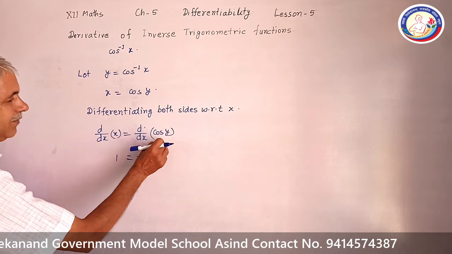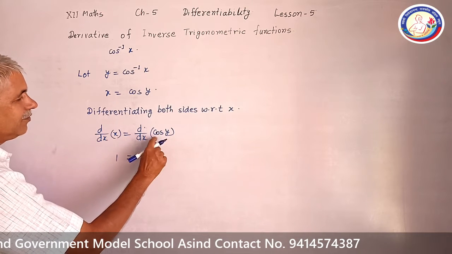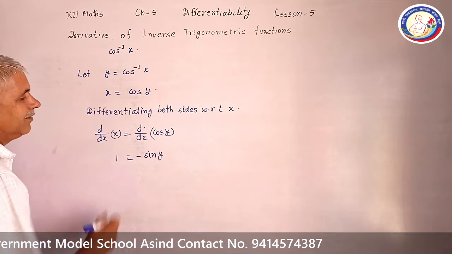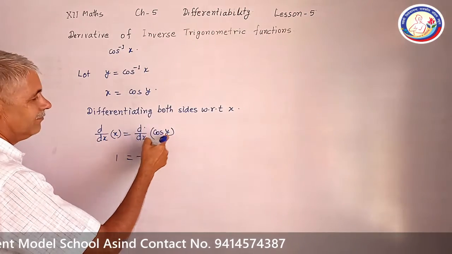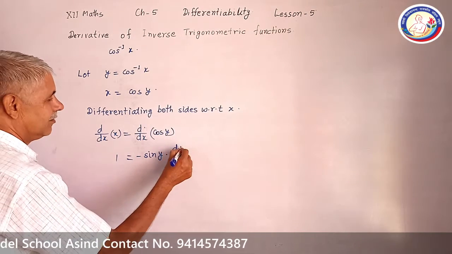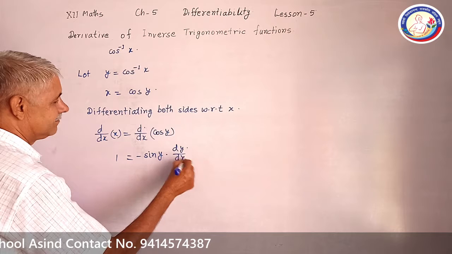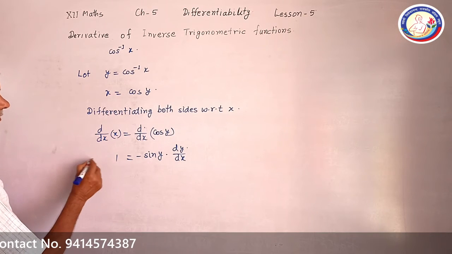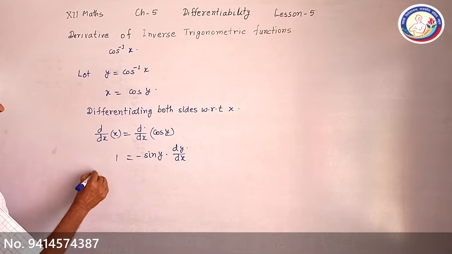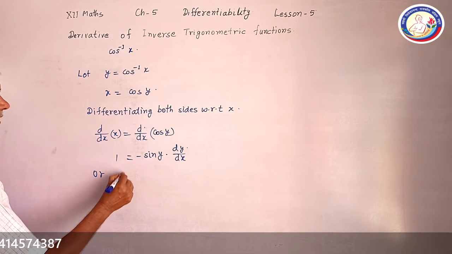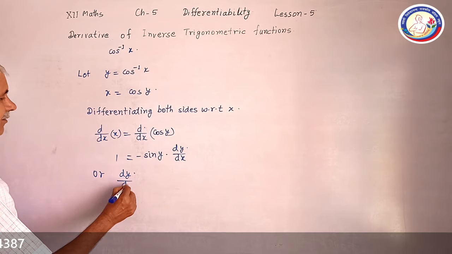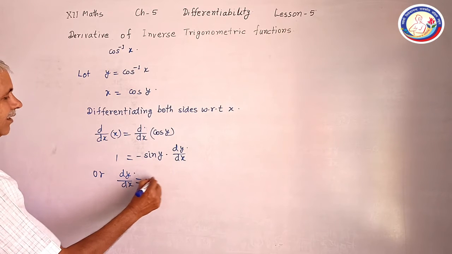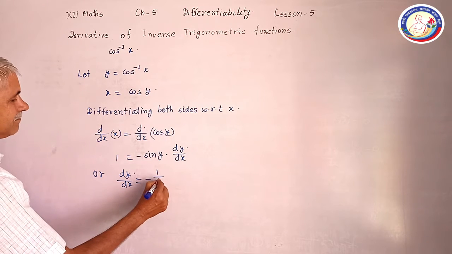So here the derivative of cos y will be minus sin y, and then differentiate y with respect to x, dy by dx. We will have from this derivative of y with respect to x equal to minus 1 upon sin y.